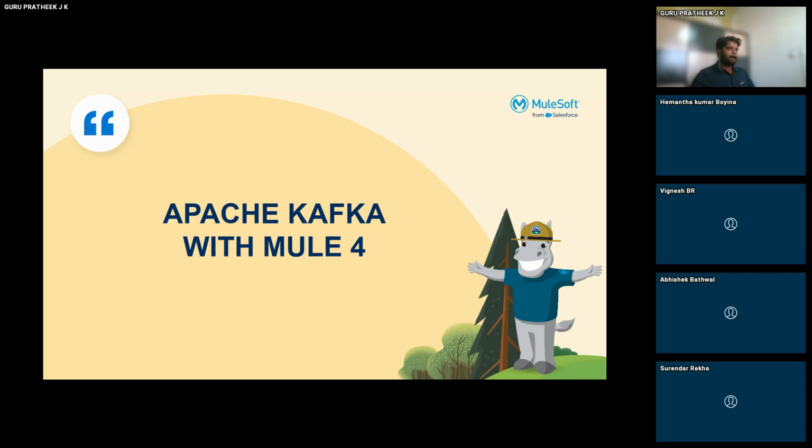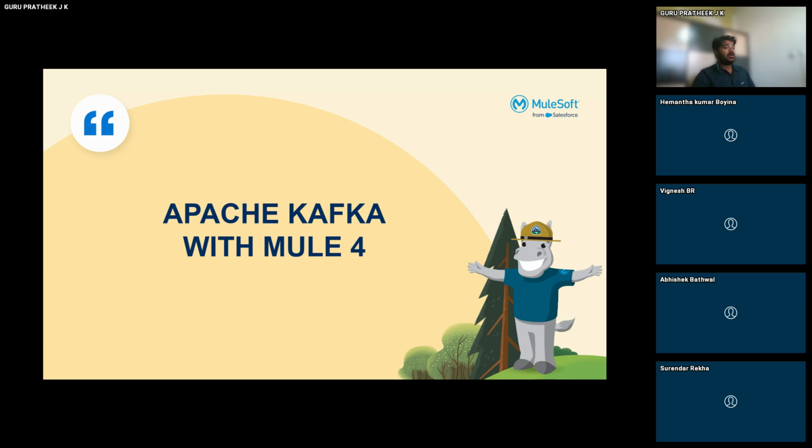So I will be talking about what Kafka is in general for people who have not been in touch with it, and how we can integrate Apache Kafka in Mule 4. What are the common connectors we find for Kafka from the Exchange, and what are the connector operations we find for Apache Kafka?